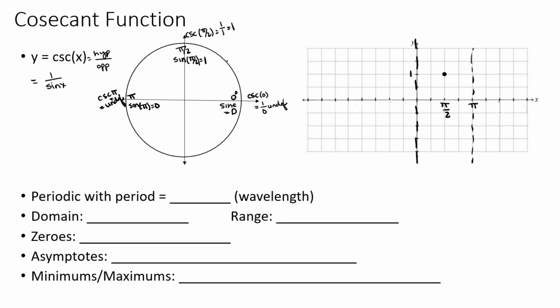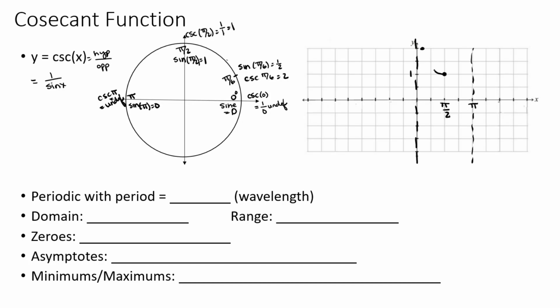Let's see what it's doing maybe at pi sixths. Sine at pi sixths is a half, so cosecant of pi sixths is 2. So here we'll be up at 2.